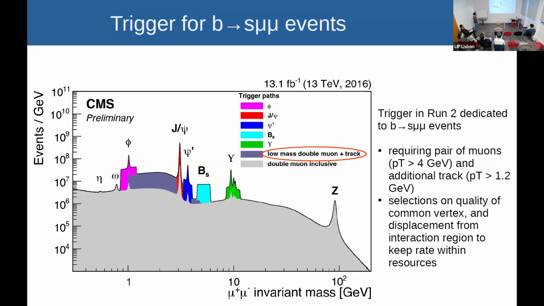You can see here the amount of events collected by this trigger, the low mass dimuon plus tracker, the one here. And indeed, we don't want a narrow dimuon invariant mass region, because as said, we need to analyze the full q-square spectrum.